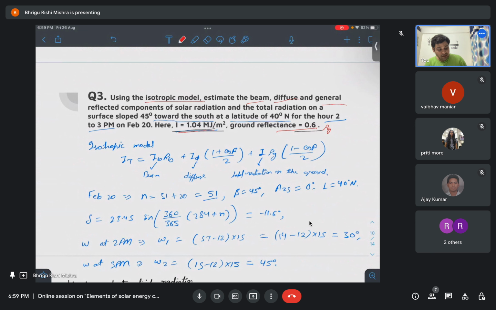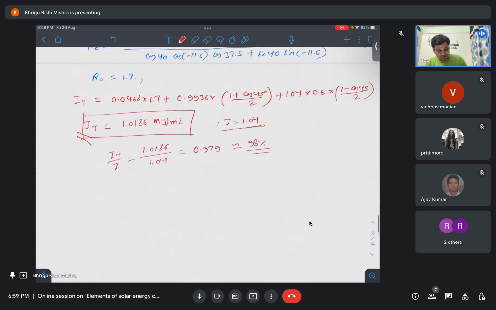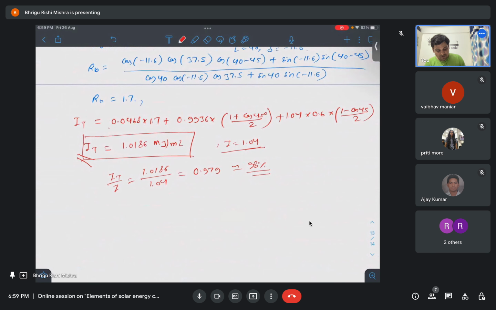So this portion will give you the beam, this portion will give you the diffuse, and this portion will give you the ground reflected part.